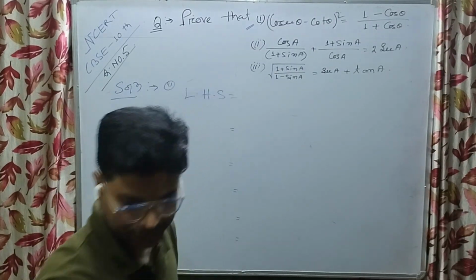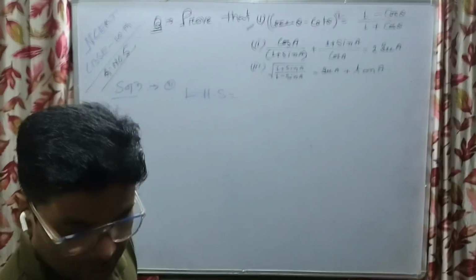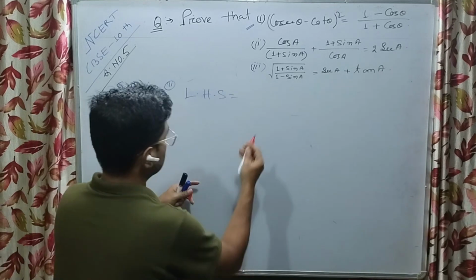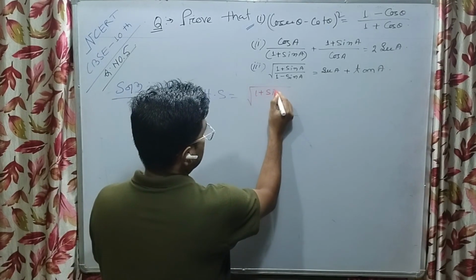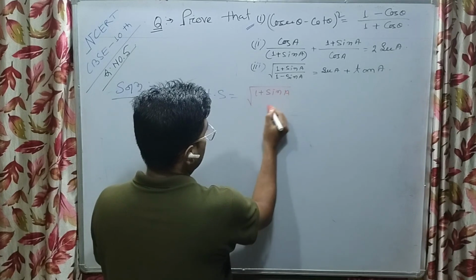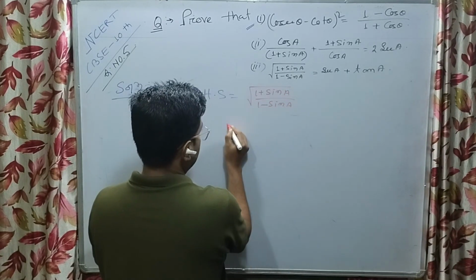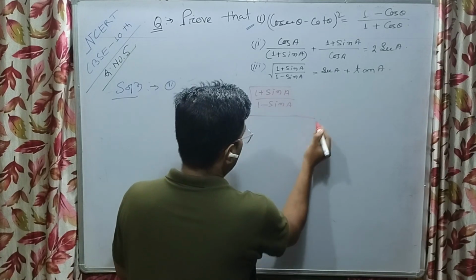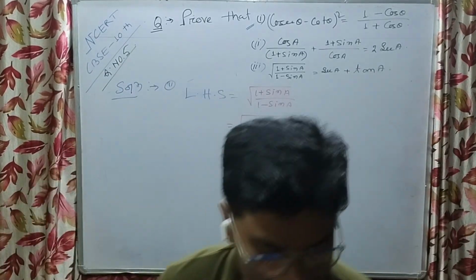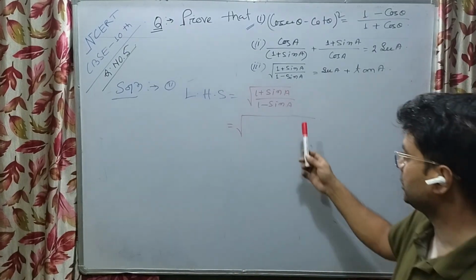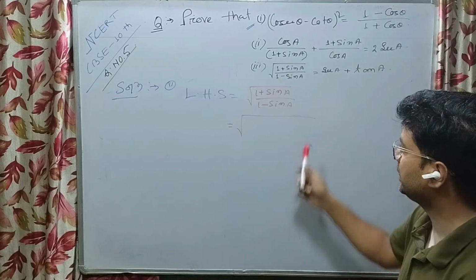The left hand side of the third question is 1 plus sin A by 1 minus sin A. Listen carefully: while you are going to solve this type of trigonometric problem, you just observe closely the denominator.